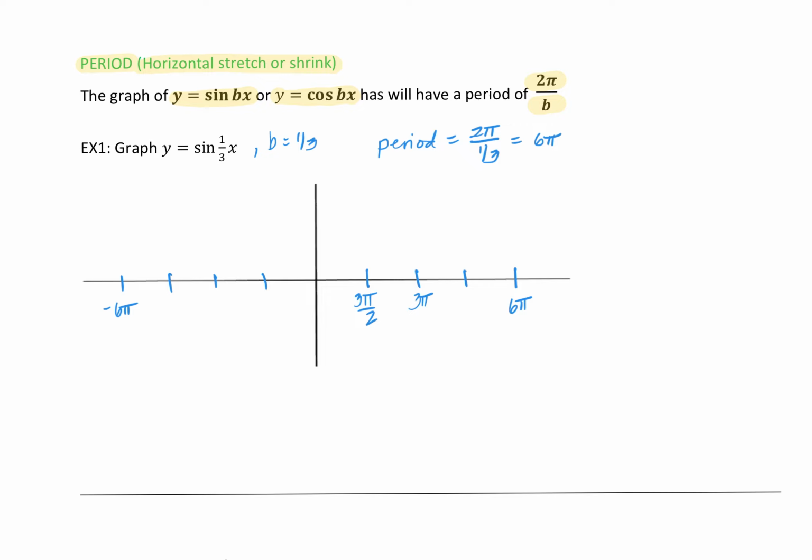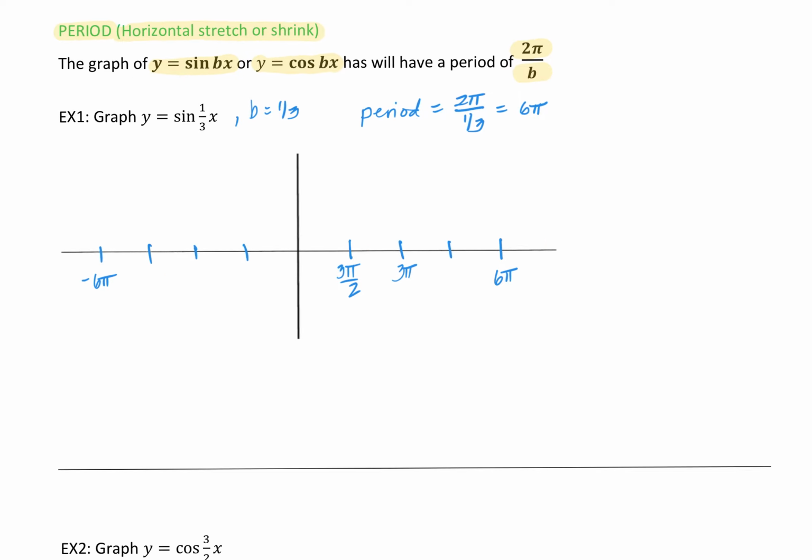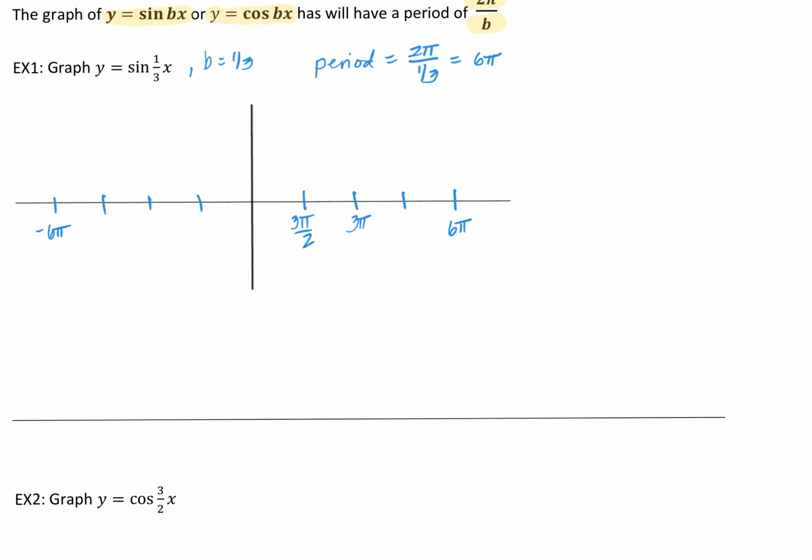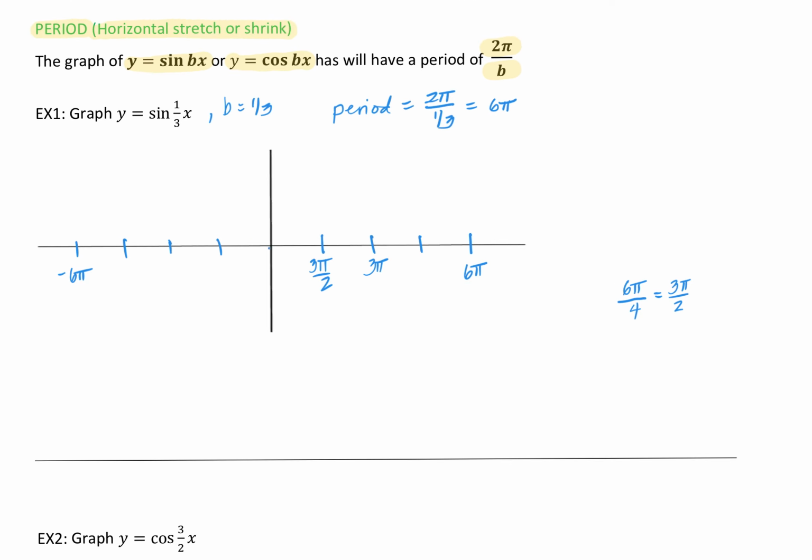There's an easy way to figure out how you would label your axes. What you do is you take your new period, which is 6 pi. And you know that you have to divide it into fourths. So you just divide it into 4. And if I were to reduce that, I would have 3 pi over 2. What that tells us is that each one of these intervals is a length of 3 pi over 2.